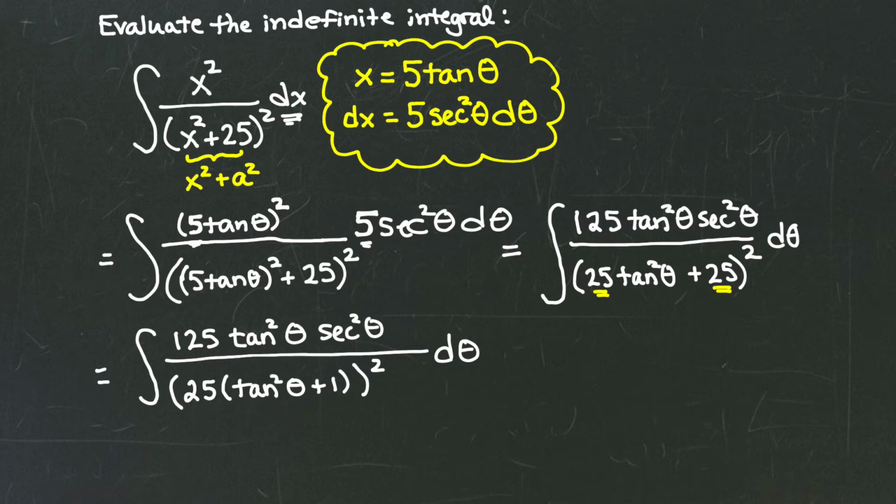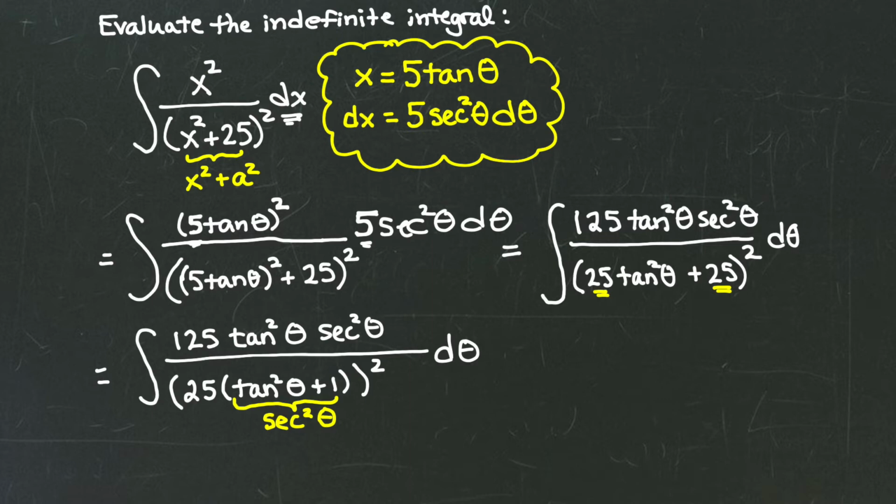All right. So far, so good. Now, what's our little trick? We are using our Pythagorean identities for trigonometry to simplify down. And tan squared plus 1, that's just secant squared, right? That's just secant squared.